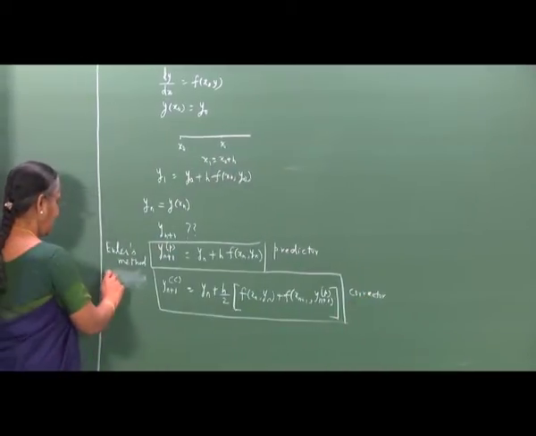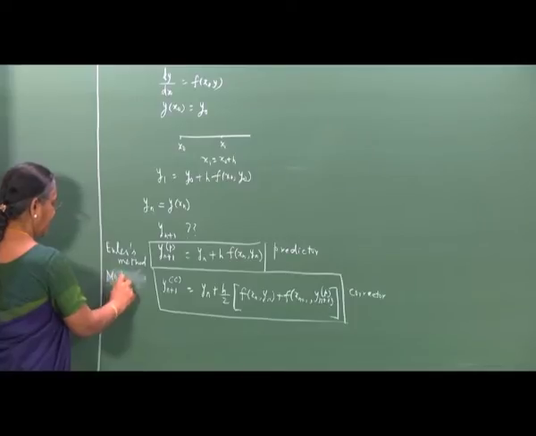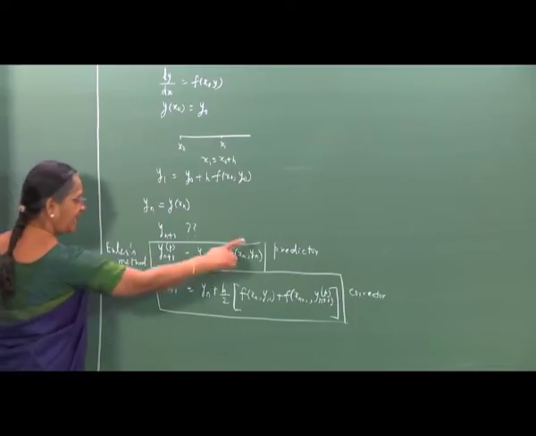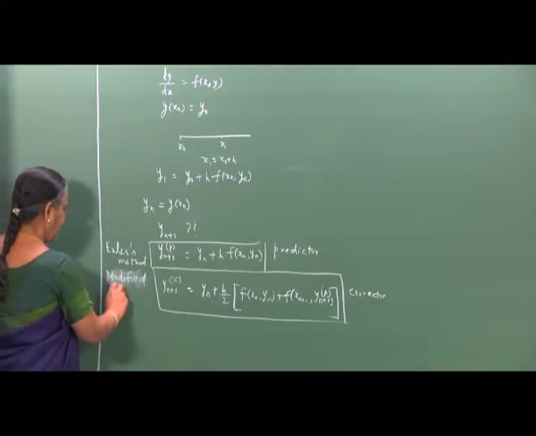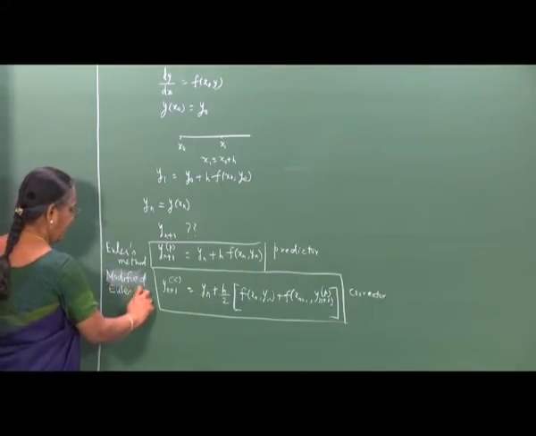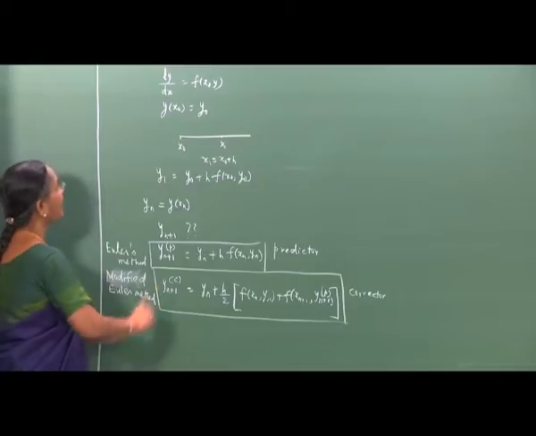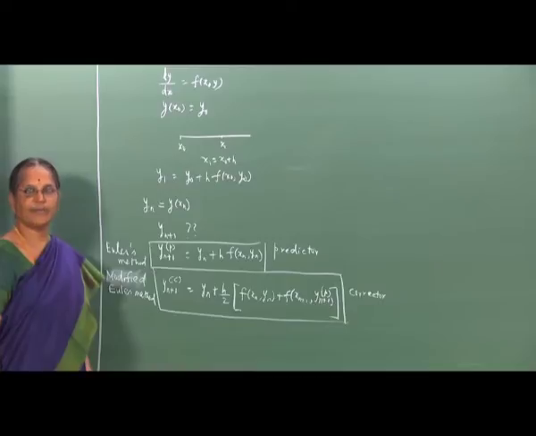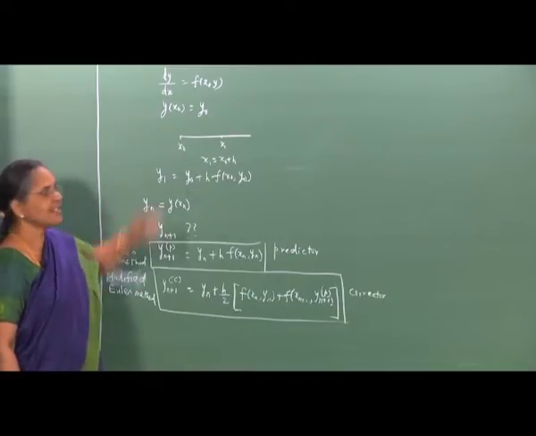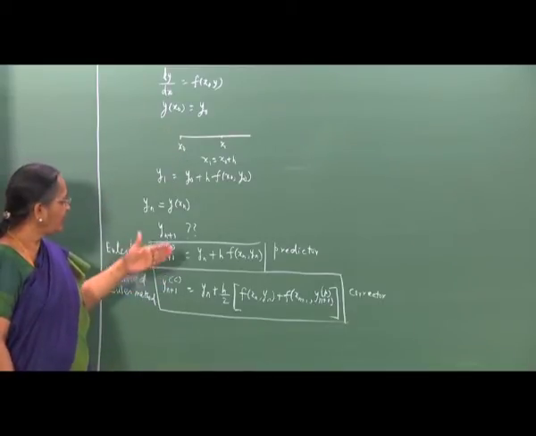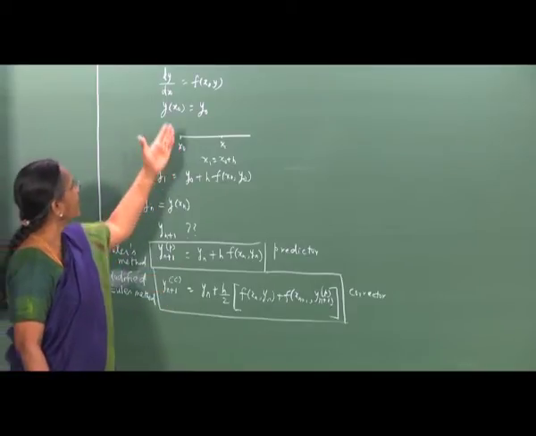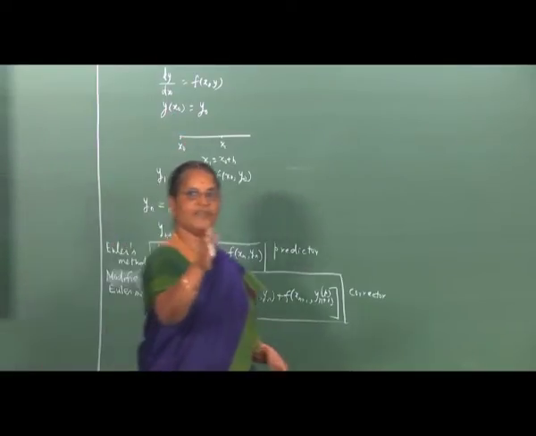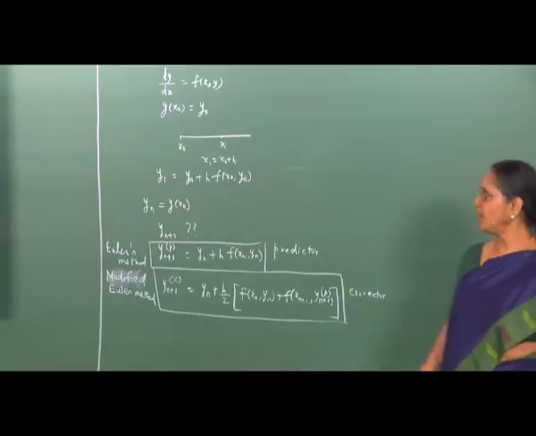Euler's method and modified Euler's method serve as a predictor corrector pair for computing the solution of an initial value problem of the form dy by dx is equal to f of x comma y and y of x naught is y naught, and one will be able to obtain the solution at the next point knowing the information at a previous point.